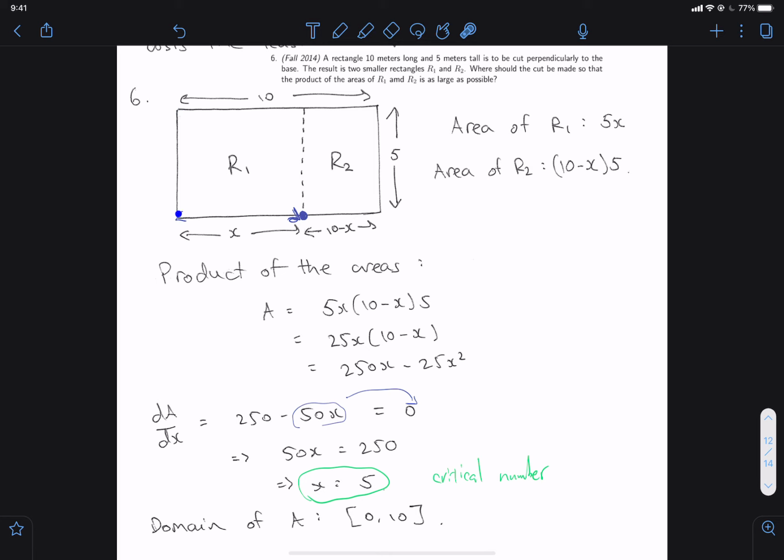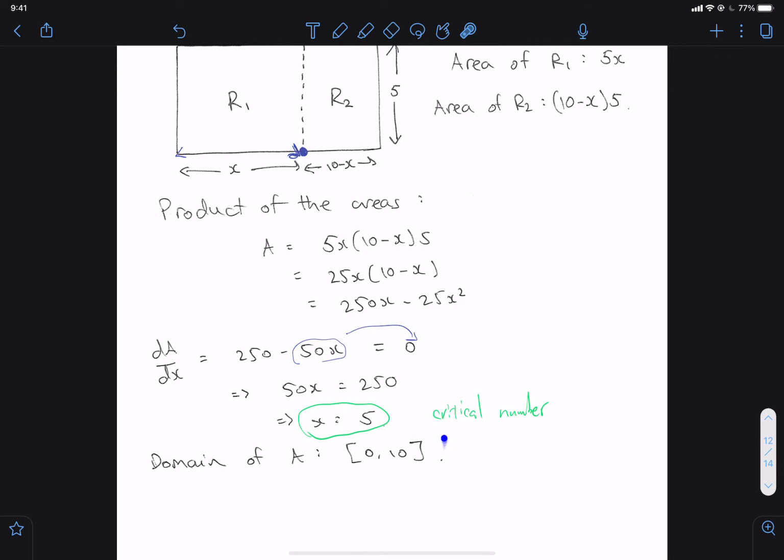The distance is going to be 0, so x can be as small as 0. And you can cut it on the other side, very close to the right end. That is when x is very close to 10, so x can be as large as 10. So now we know the domain of this function is from 0 to 10.